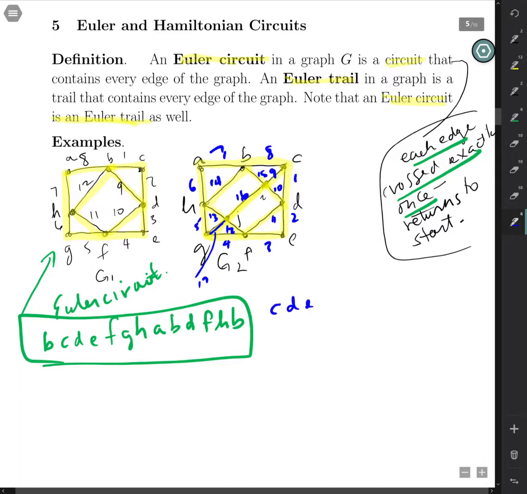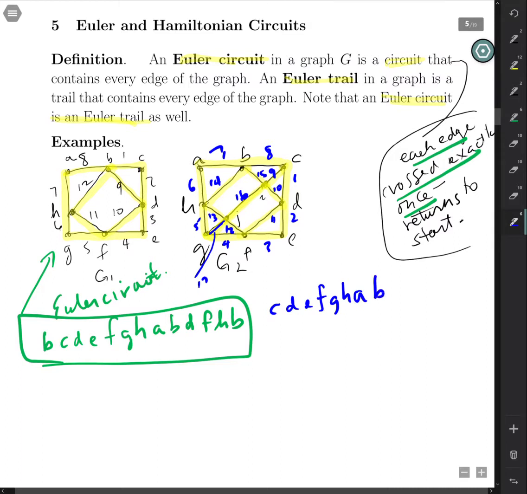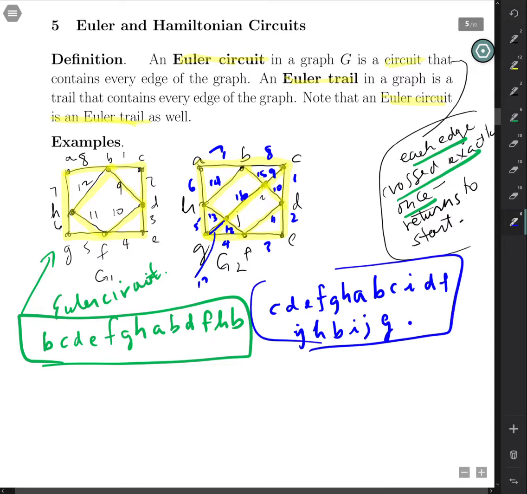C, D, E, F, G, H, I, A, B, C, I, D, F, J, H, B, I, and then shooting down to J and then to G. So it's kind of long, but there it is right there. So that gives us an Euler trail.